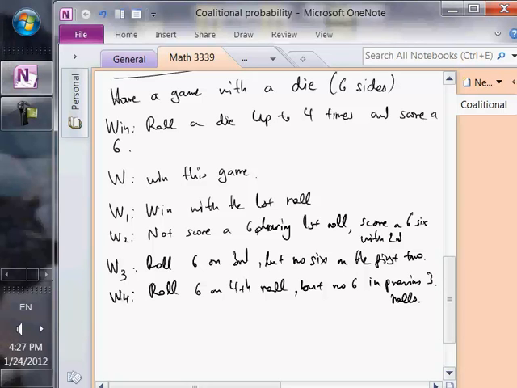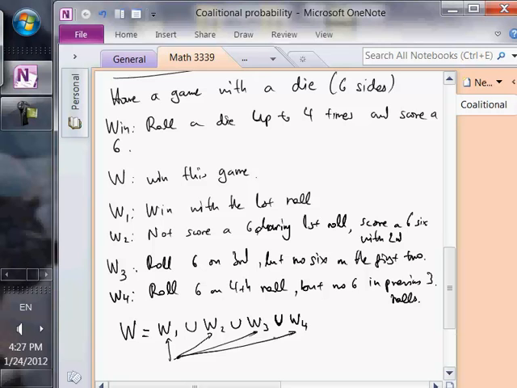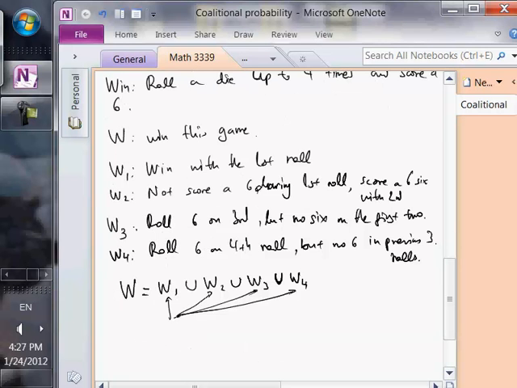Okay, so what I said in plain English, I can express in the language of events and math notation. W1 or W2 or W3 or W4. Correct? Now, I want you to observe something else, that all of these events, W1, W2, W3, W4, are exclusive events. Is that clear? Because if you take any 2, W1 and W3 require the 6 to be scored at a different roll.